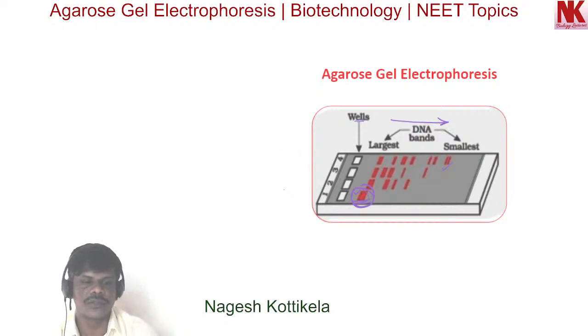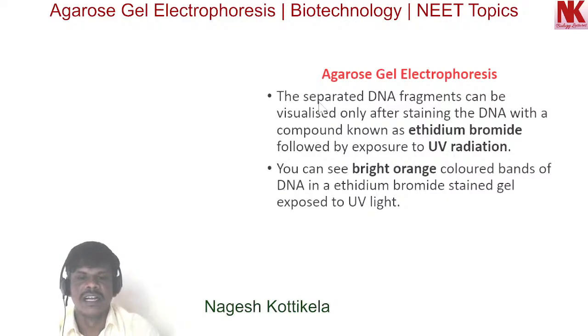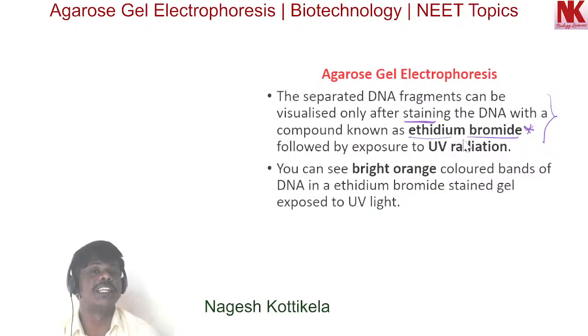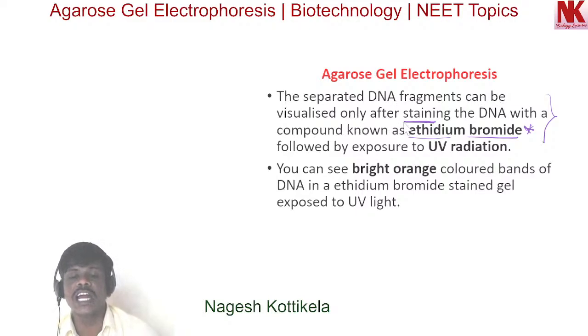Now moving to the next, here the separated DNA fragments can be visualized only after staining the DNA with a compound known as ethidium bromide. Very important. I repeat this statement once again. The separated DNA fragments can be visualized only after staining the DNA with a compound known as ethidium bromide, followed by exposure to UV radiation.